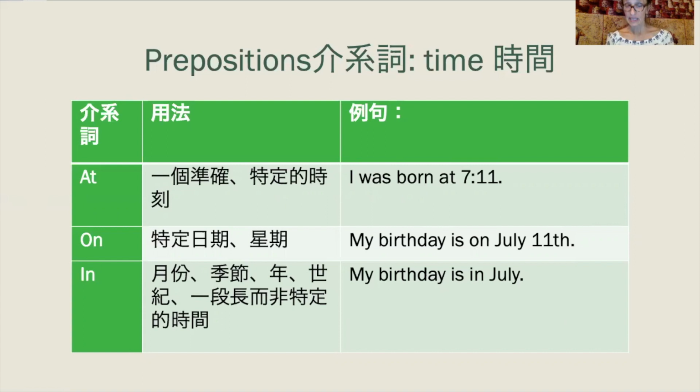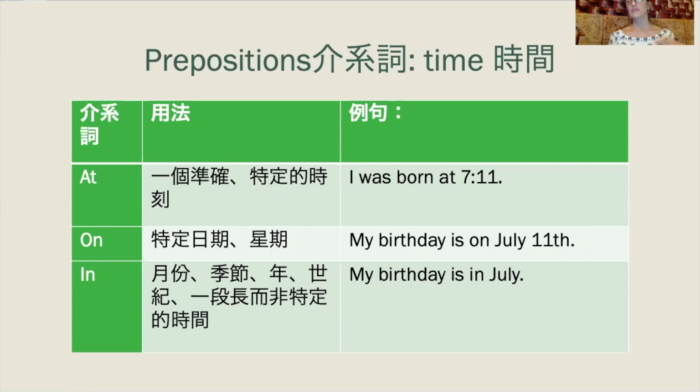But in, used as a preposition of time, is going to be referring to a longer 一段长的 rather than a specific time, 非特定的时间. Okay, so it's a 一段长的 instead of, and not, 特定的时间.